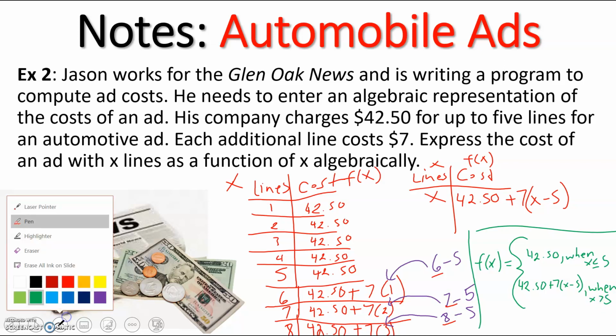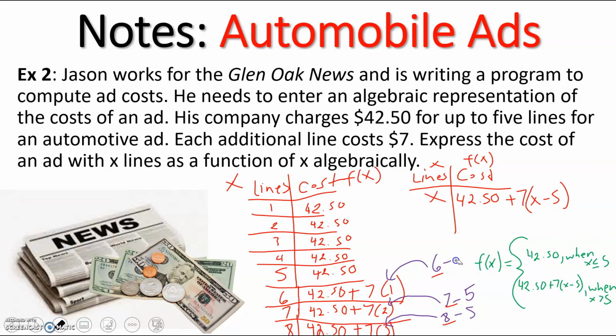And so that means this here, that's our piecewise function. That is our algebraic representation of the cost. So the cost is 4250 when we have less than or equal to 5 lines, and then it's 4250 plus 7 more for every line above those 5 lines when we have greater than 5 lines.